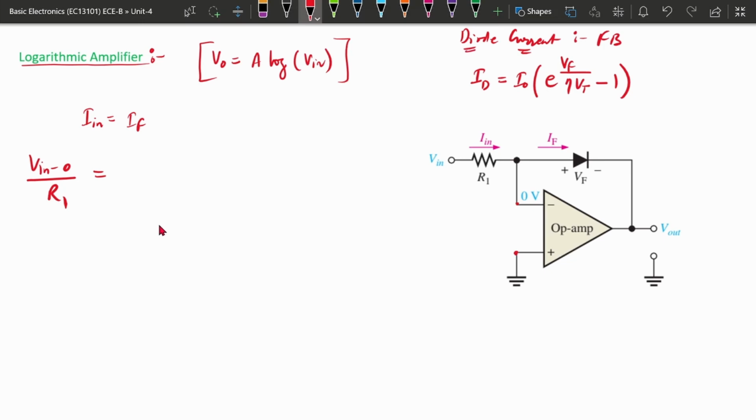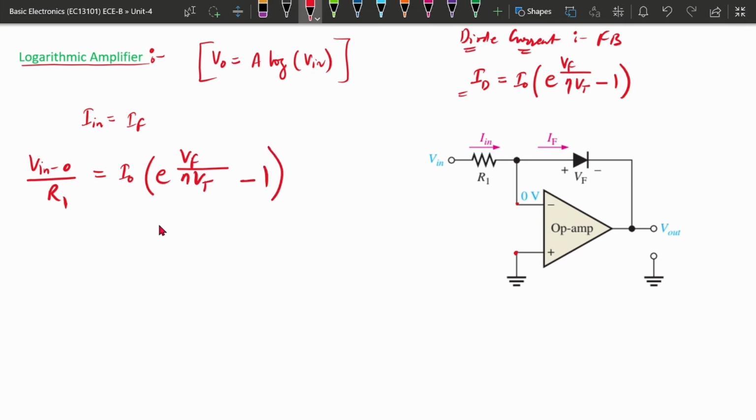Now, if the diode is forward biased, we implement the same current here. The input current is this, and IF will be I naught into e to the power Vf divided by NVT, minus 1.